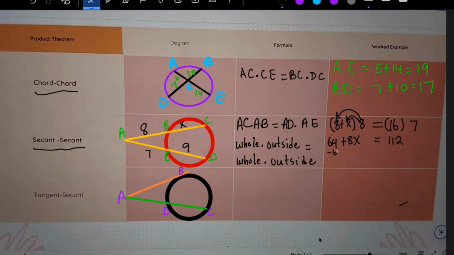We subtract 64 from both sides. That will cancel. So I'm left with 8x equals 112 minus 64, that's 48. And then I divide both sides by 8. So x is equal to 6.